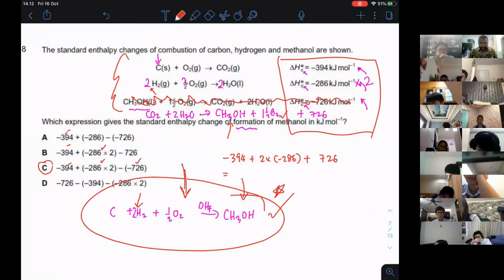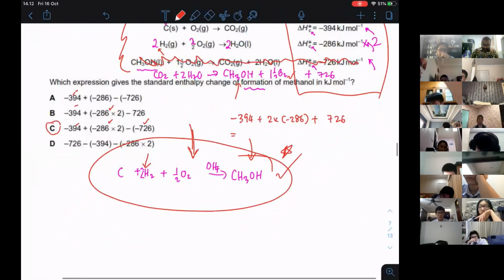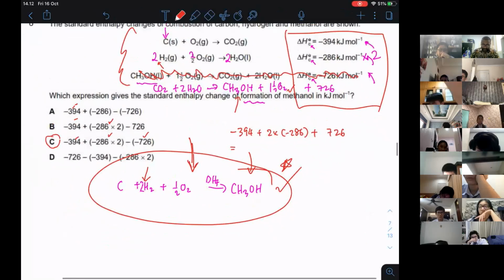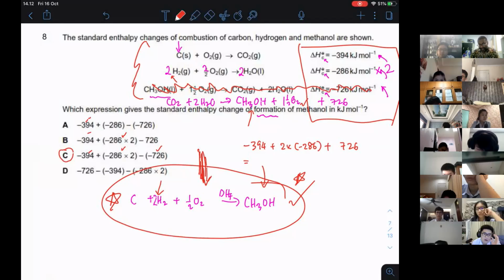Yeah, for example, if you are wondering, this is the first method we are trying to solve it. But now, if you want to see what exactly happens, I can also show you. It's quite simple. I want to get this equation. I rearrange all three equations that I have, based on the equation at the bottom with the star, so that it matches my enthalpy change of formation.